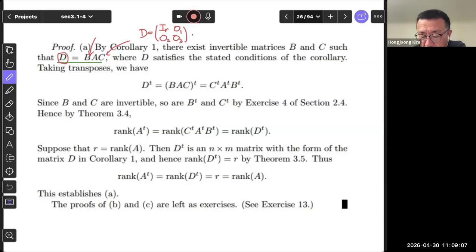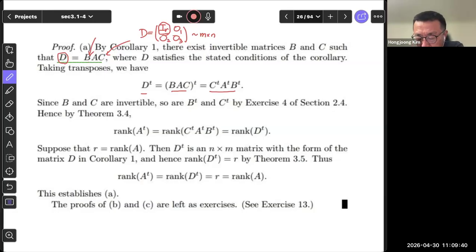And this is an m by n matrix, and I sub R is an R by R matrix. Okay? So, given this, if I take the transpose of D, then that's the transpose of the product. And by the property of the transpose operation, we get C transpose, A transpose, B transpose.